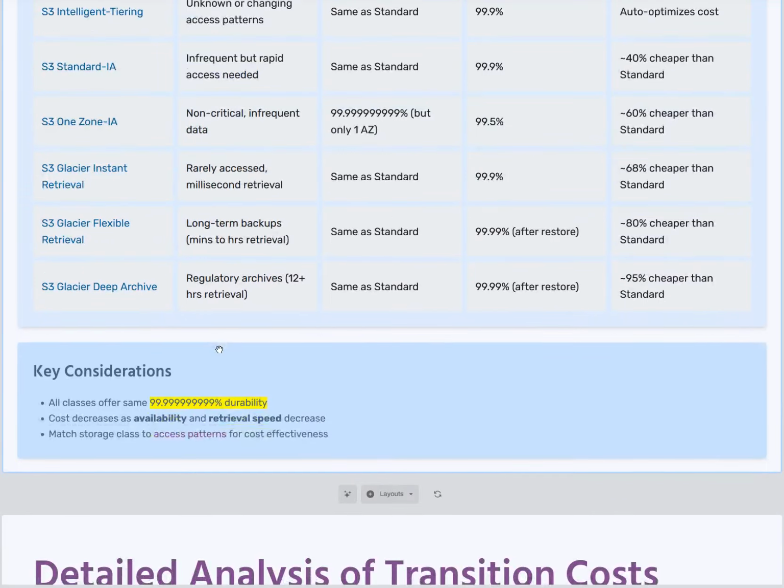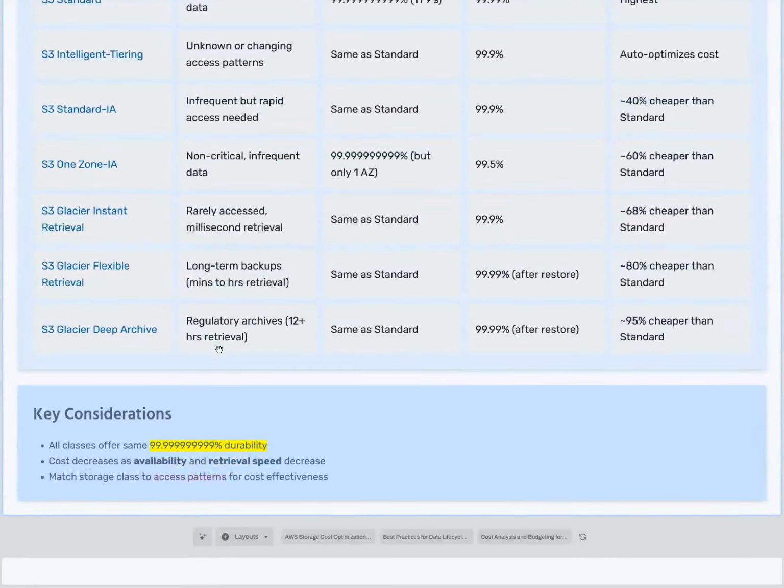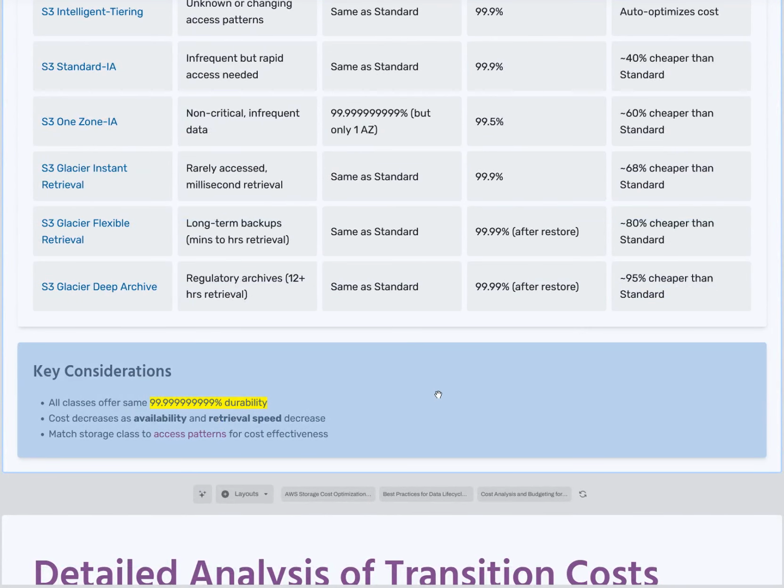So keep in mind the key considerations for the questions. All classes offer the same durability, 11 nines. Just remember that.